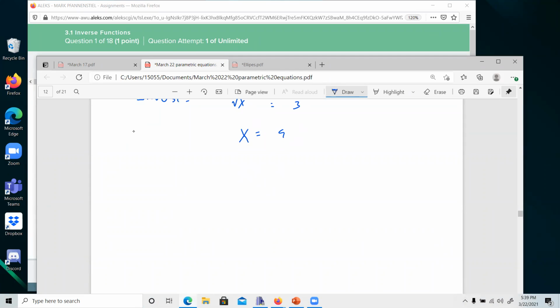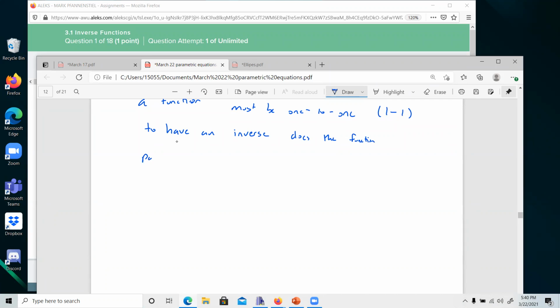So here's the first idea: a function must be 1-to-1. That looks like this. Okay, to have an inverse. The way to test whether this is true is, does the function pass the horizontal line test?